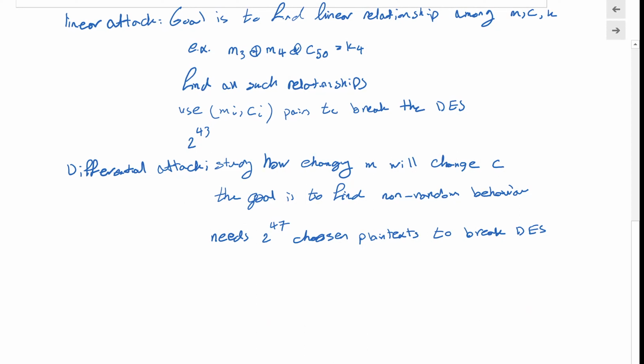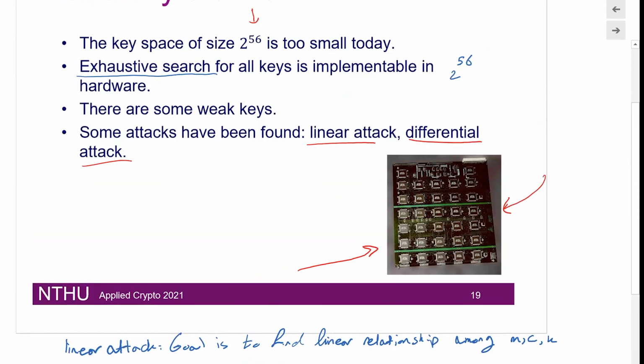And if somebody can cut it down by 10% or 20% of the bits, that is a significant number. And that would save, you could see that it is much better than running that exhaustive search of 2 to the power 56.